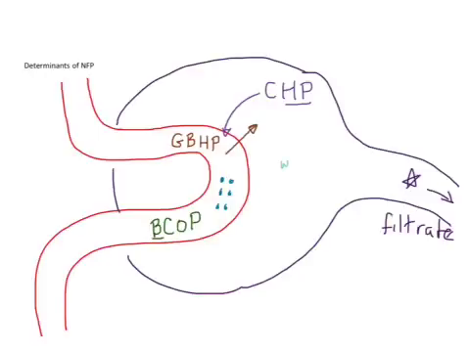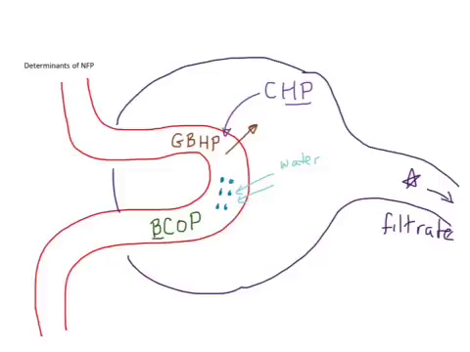So the water wants to go in here in an effort to dilute these to be isoosmotic. It'll never attain an isoosmotic state because these can't get over here. So when we look at this, we say, okay, we've got the three forces. The blood colloid osmotic pressure also opposes filtration.